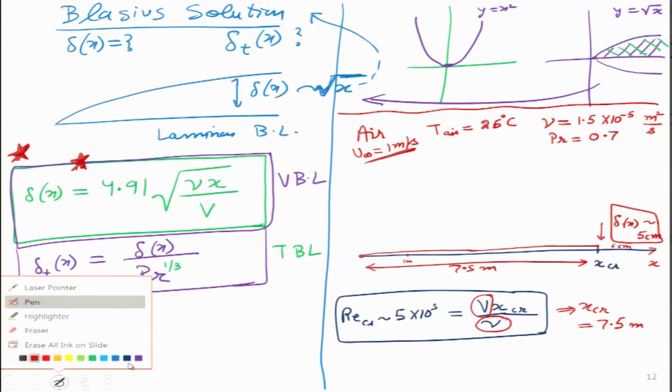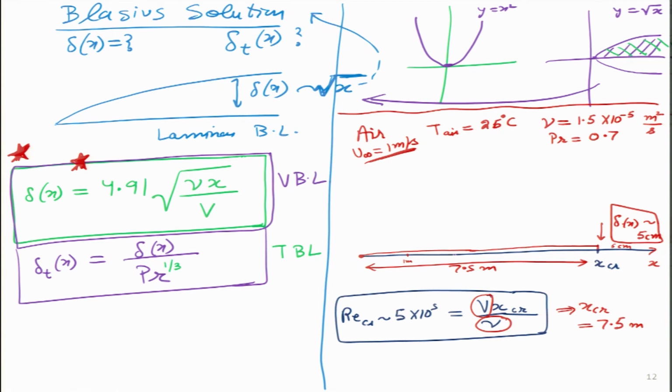If you reduce the distance 4 times, then the thickness reduces twice. In other words, if I assume it was 8 meters, and reduce it 4 times, I am talking about 2 meters over here. Then this thickness is about half, so delta x is about 2.5 centimeters. These distances that we are talking about are extremely small.